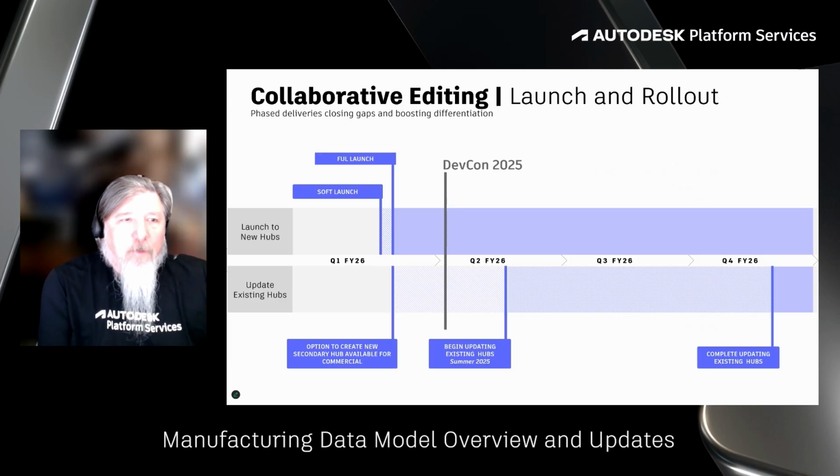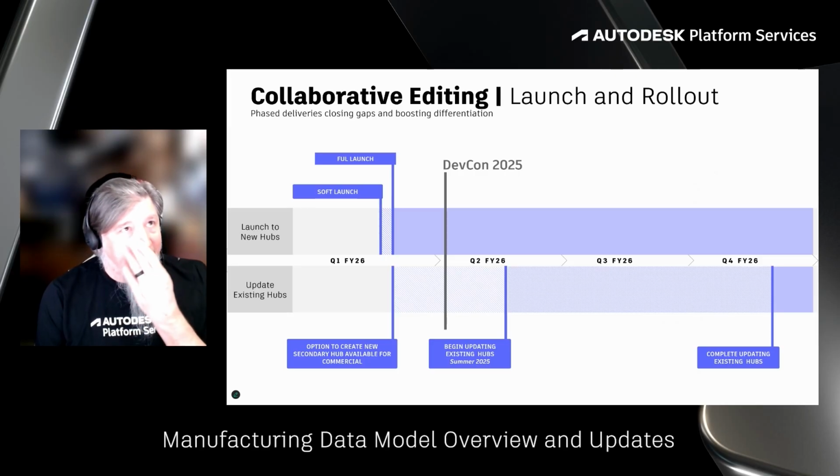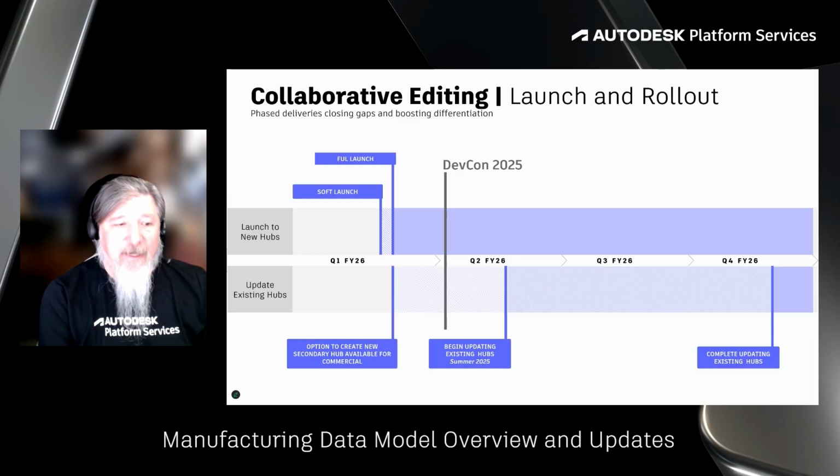So this whole collaborative editing capability is coming soon. So you can see on this roadmap layout that we've already started hub management. So in order to support all this new functionality, especially the collaborative editing and the time stamping, a new hub structure had to be set up.